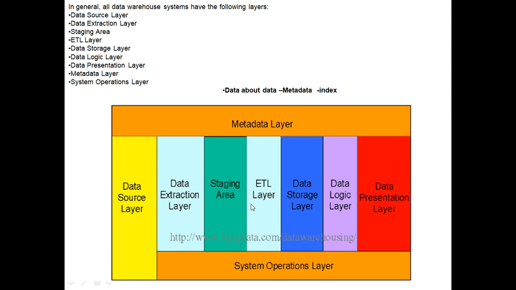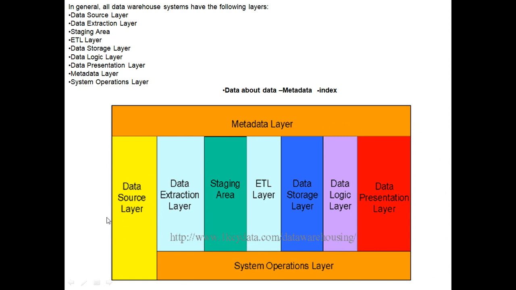And there is a layer called metadata layer which is common for all these layers, so these layers can access this metadata. And there is a system operation layer which is common to all except the data source layer, so the system operation layer can be accessed by all these 6 layers. Okay, this is about the architecture.